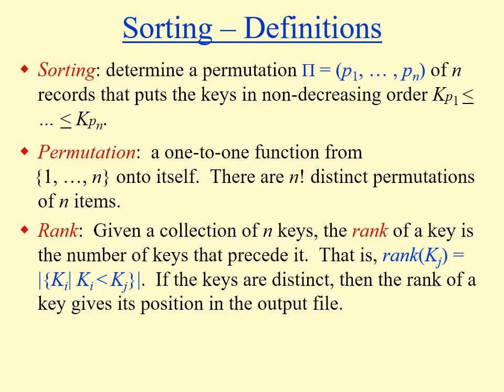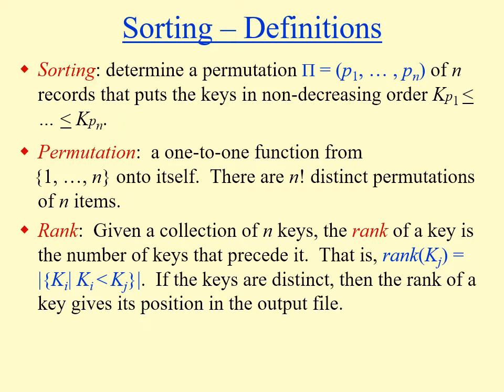That means you find a position permutation and then put all the keys in the appropriate order to make the inequality relationship hold: Kp1 less than or equal to Kp2 and so on. That means that based on the keys, they follow from smallest to biggest order.